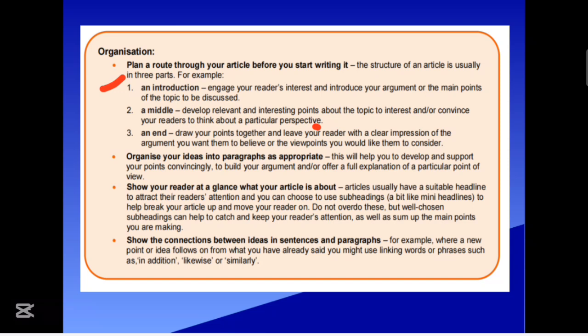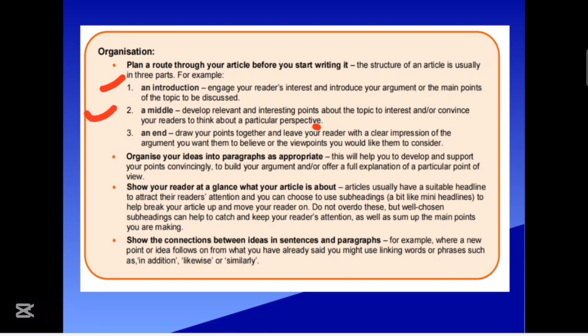That means state the purpose of writing very clearly: why are you writing this, what is the reason for writing, or what actually you are writing about. You need to state it very clearly in the introduction lines. They can be the first 2-3 lines of your article.